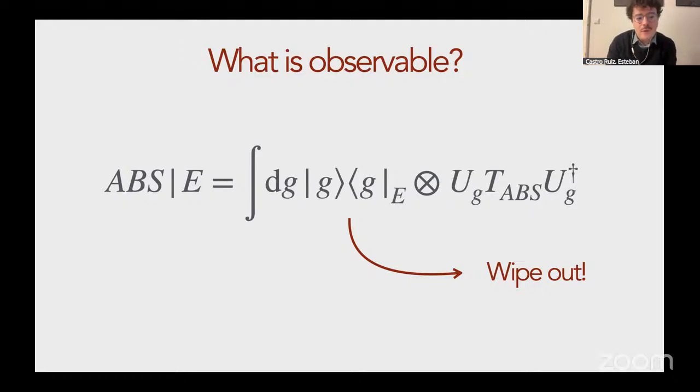So imagine for a moment that we grant access to the external reference frame E. From the point of view of somebody who has a description of this reference frame E, what Eve does is measure relative observables with respect to her reference frame that look exactly like this.